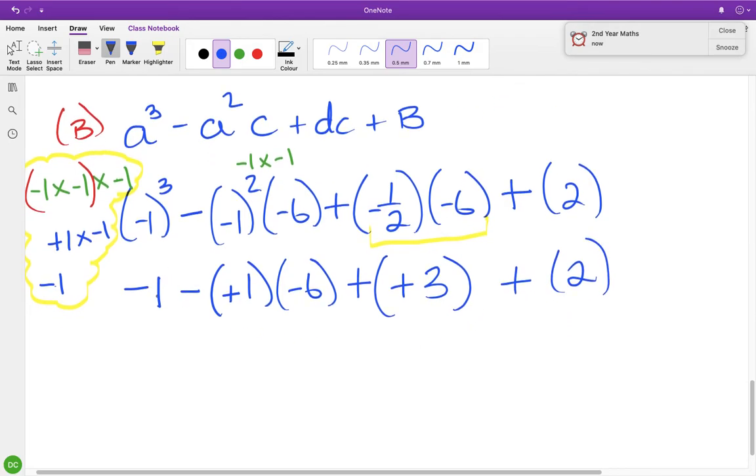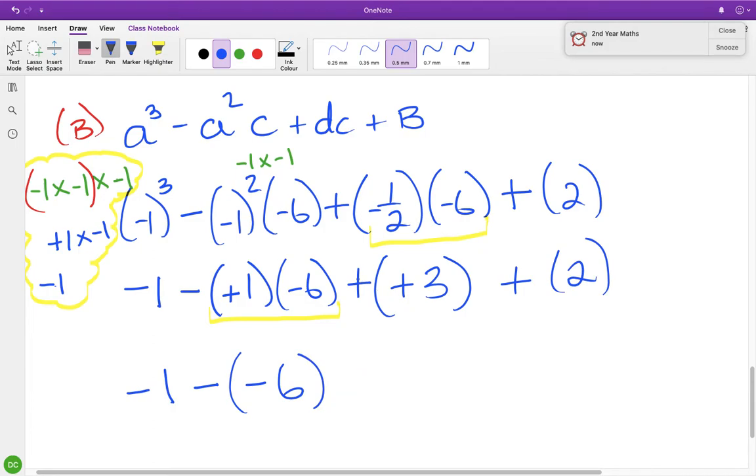Okay, let's go again. So the minus 1 is there by itself. I have a minus. Now I can multiply these two. So plus by minus, signs are different, brackets mean multiply. I'm multiplying different signs, which means the answer is a minus. 1 by 6 is 6, and then close that bracket.